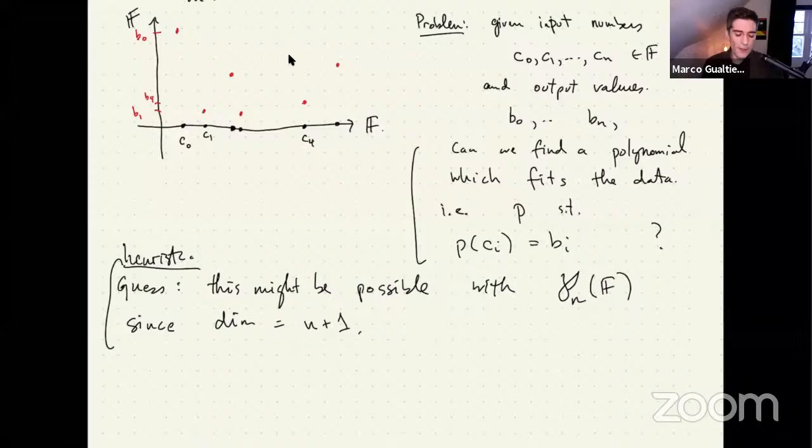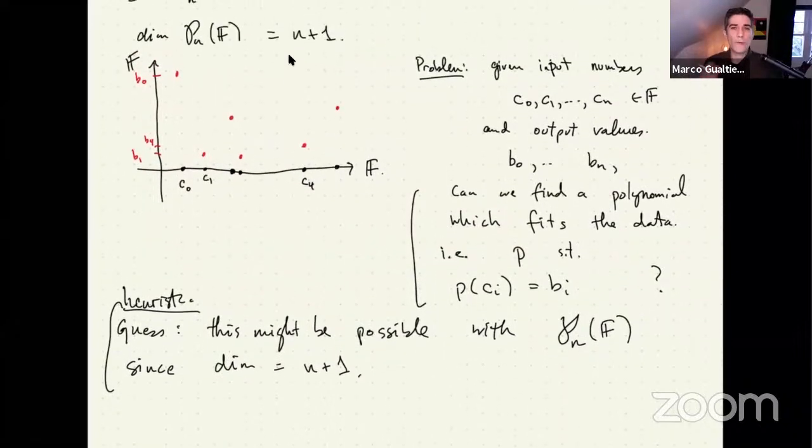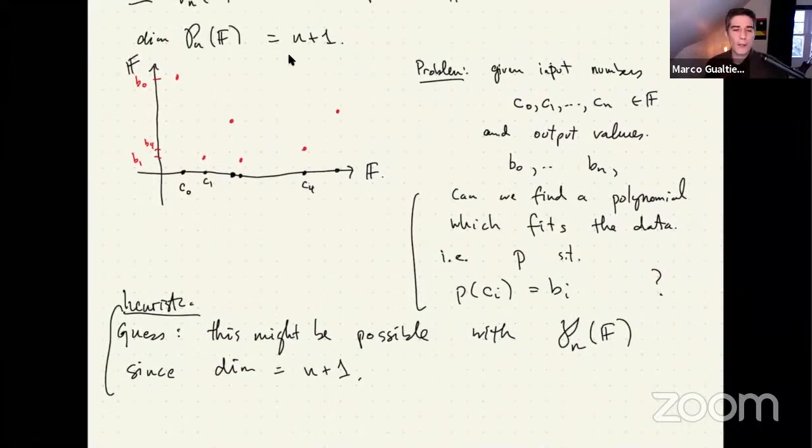So now I'm going to restate the problem in two different ways, right? One of the ways is going to be easy and one of them is going to be hard.